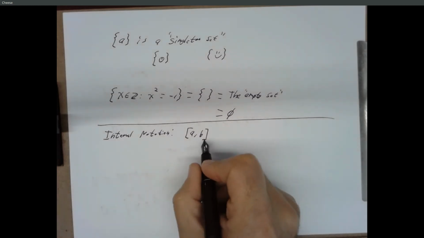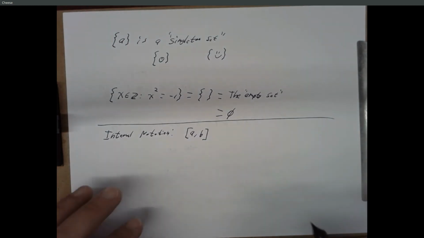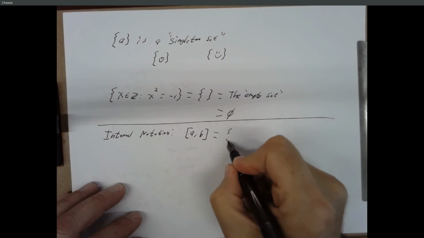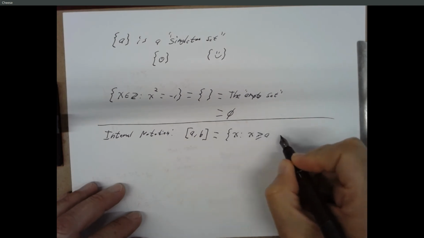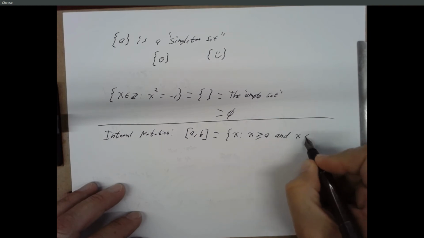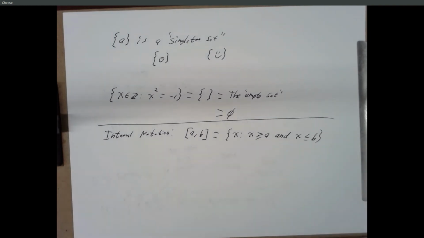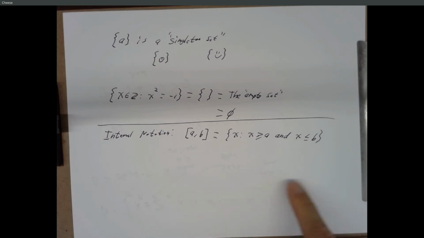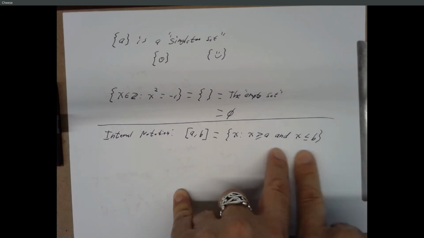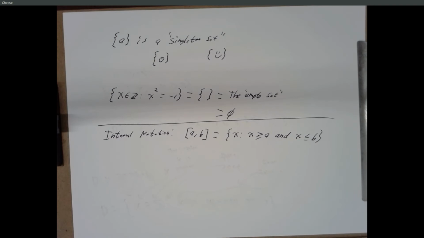So if I write a comma b inside square brackets, this is a shorthand for the set of all x such that x is bigger than or equal to a and x is less than or equal to b. Now I didn't specify what x is. Is it an integer? Is it a real? It doesn't really matter as long as we understand what that domain is. I could use this for real numbers. I could use it for integers. I could use it for primes. Right? Anything where this notion of x is bigger than or equal to a, less than or equal to b makes sense.